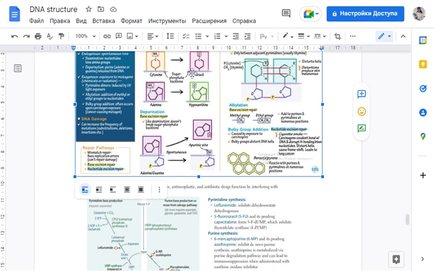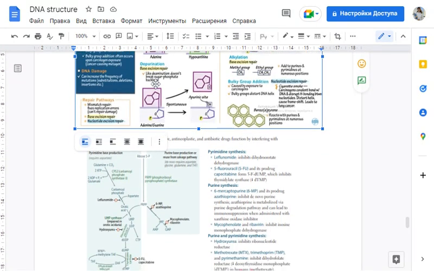We deaminate it first, make hypoxanthine, and then excise it and create a new proper base instead. And here you have depurination, which is the same mechanism, but here you cut off your purine, and the backbone stays in its place, and then you repair it by creating a new base in its place.